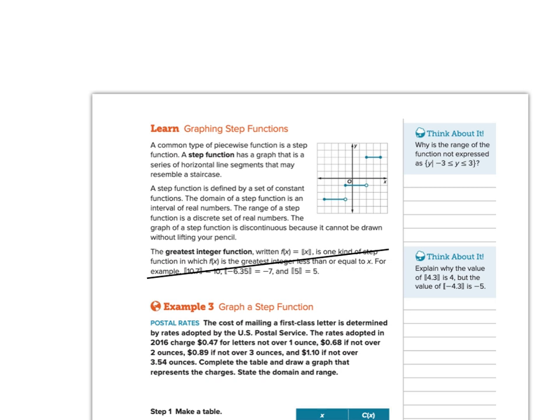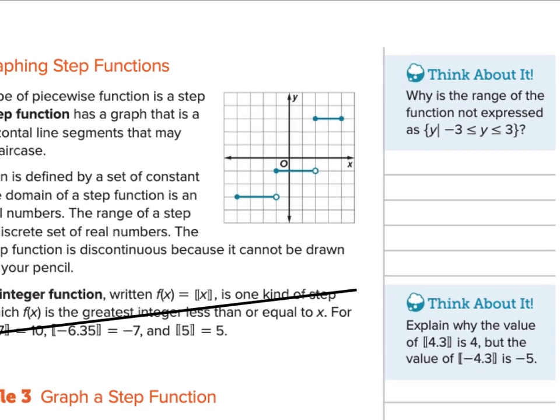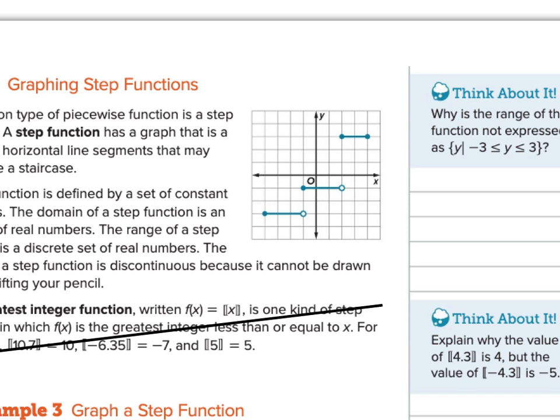A step function is defined as a set of constant functions, and the domain of a step function is an interval of the real numbers, and the range of a step function is a set of discrete numbers. As I look at this, my domain extends from here all the way to here.